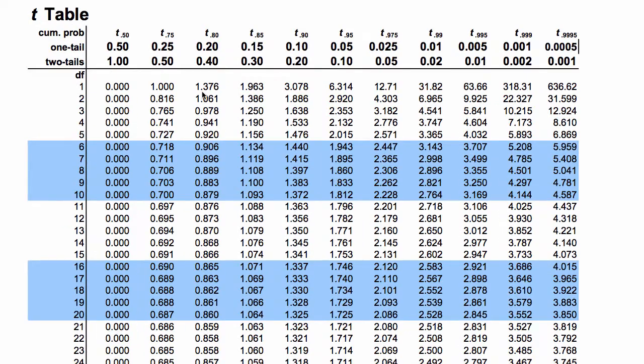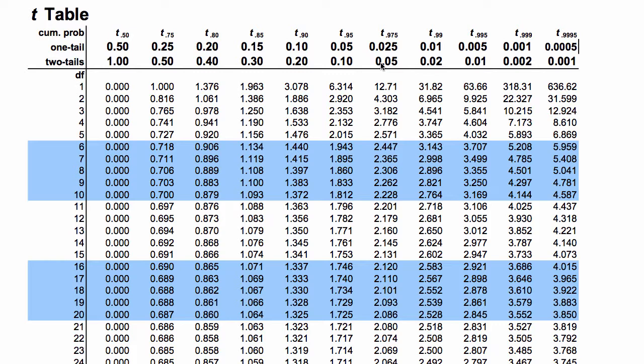So here is our t-table. We talked about using a two-tailed hypothesis, and we want our alpha for our two-tailed to be 0.05. So we're going to be in this column here. Now on the left side of this table, we see our DF for degrees of freedom.